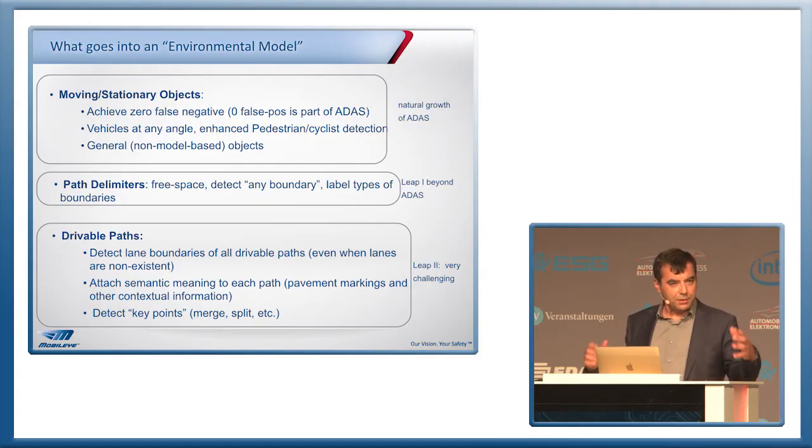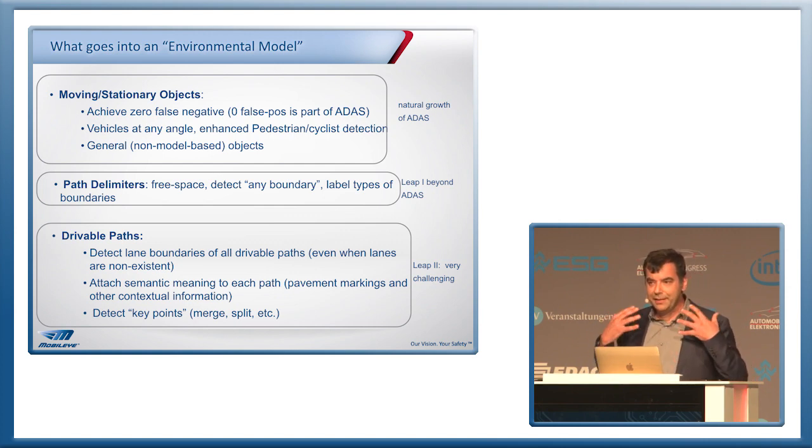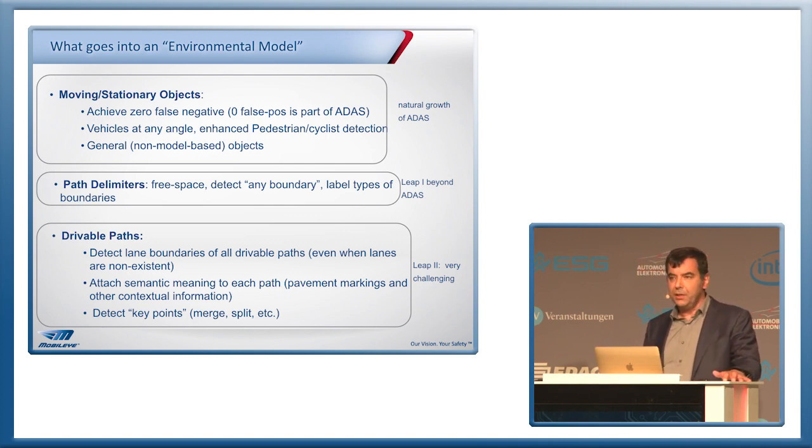And then general obstacles. The point I want to make here is that this is the easy part. This is a natural growth of driving assist. I'm not saying easy is the right word, but it's the natural growth of driving assist. The second element, path delimiters, is about detecting the free space where the host car can move, detecting any boundary. A boundary could be a curb, a guardrail, a row of parked cars, any boundary, and labeling the type of boundaries.